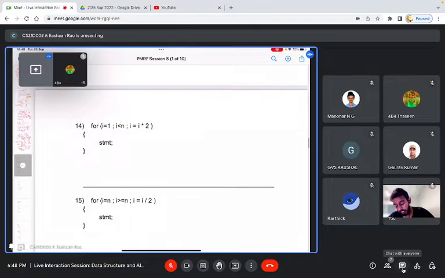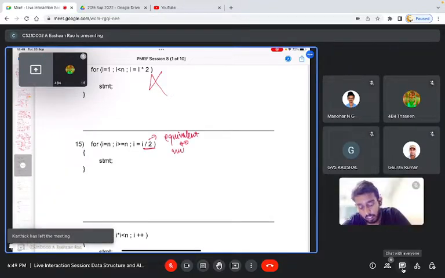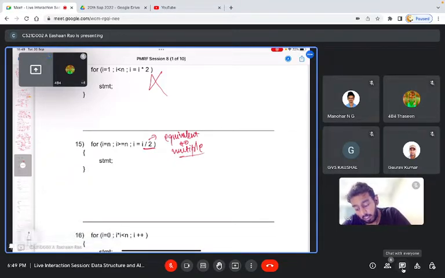Okay, I think 14 is also equivalent to what we have seen earlier, but let's go for 15th. Here I is divided by 2, so this aspect is equivalent to what you have seen in multiples.